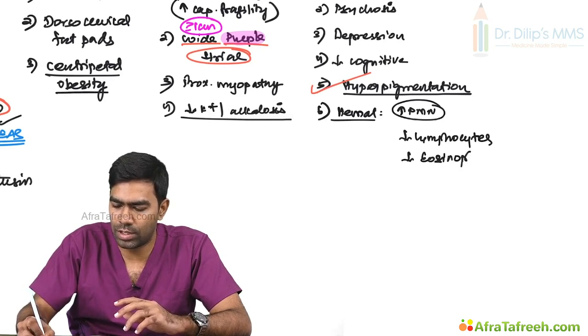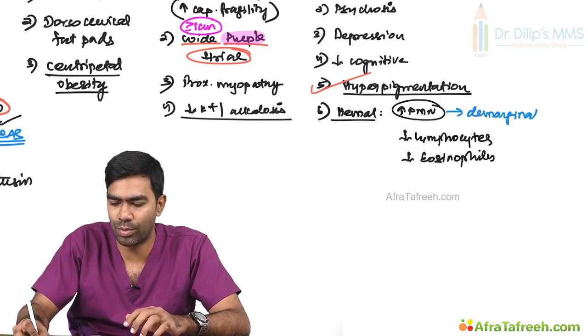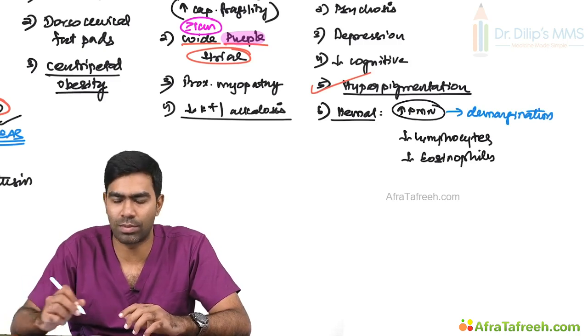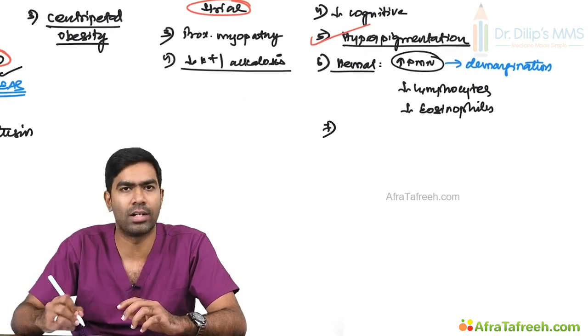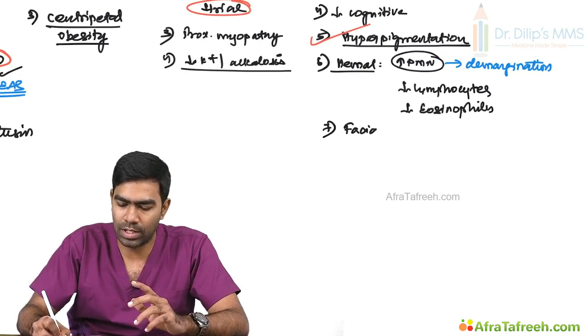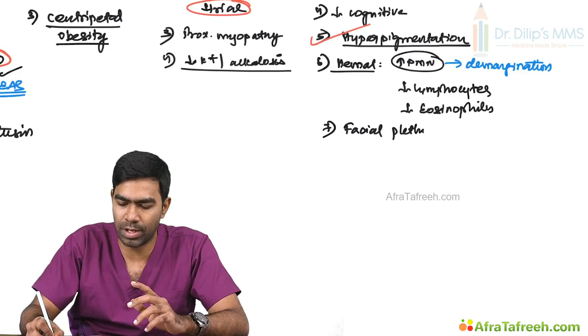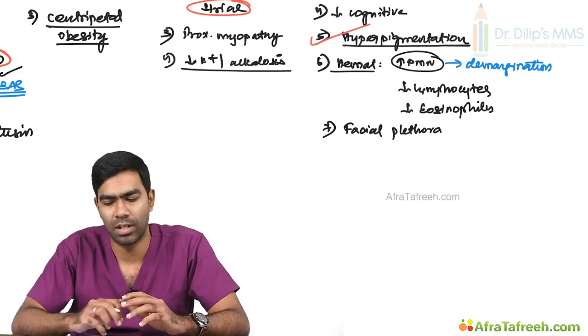As I already told you, this neutrophilia is usually due to demargination of the neutrophils and not due to excessive production of neutrophils from the bone marrow. That's a very important point. Apart from that, they might have erythrocytosis and increased platelet production also. That is thought to be the reason for the facial plethora seen in many of these patients. Vasodilation coupled with erythrocytosis may result in this facial plethora.